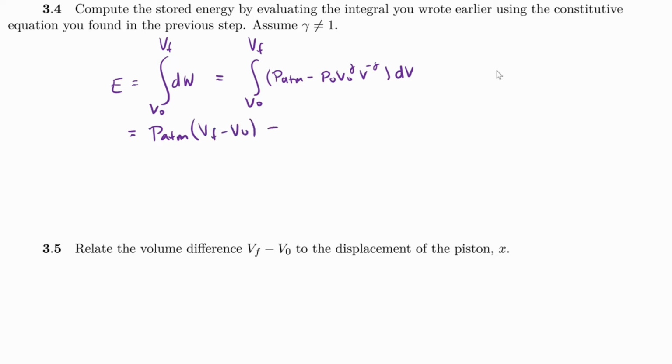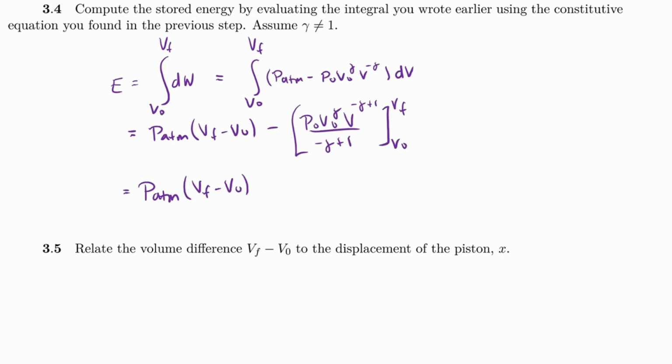The first term we can do in closed form. This is just P atmosphere times the change in volume. And for the second term, we're going to have to use the power rule. So we raise the power to minus gamma plus 1, and we divide by minus gamma plus 1, and we evaluate at the limits from the initial volume to the final volume.